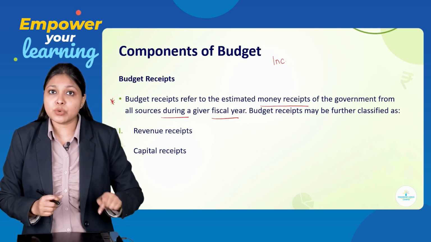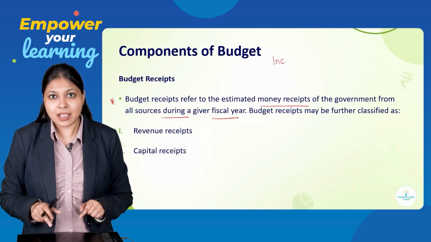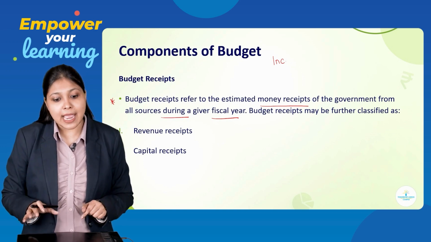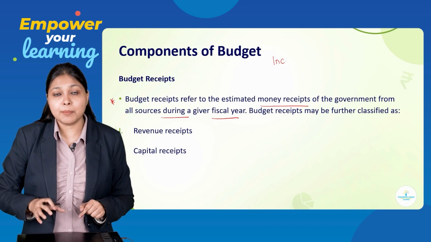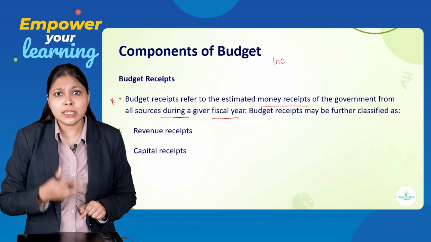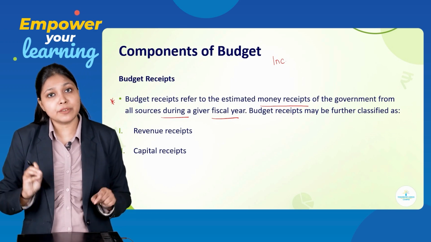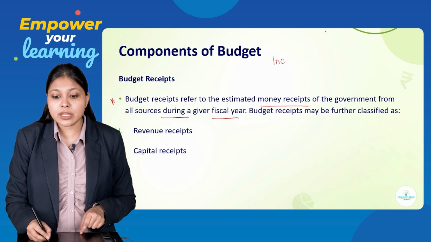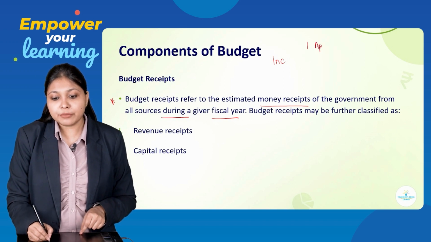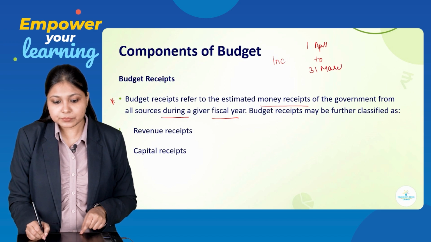Now, what are the sources of revenue for the government? We will be seeing that in the upcoming slides. But for now, you understand that budget receipts is nothing but the income or the money generated by the government through various sources. A fiscal year is nothing but your financial year, which starts from 1st April to 31st March.